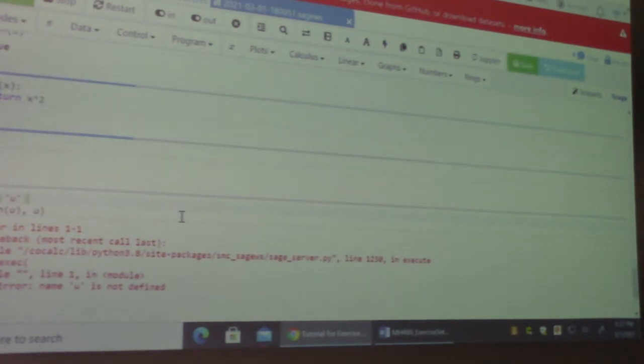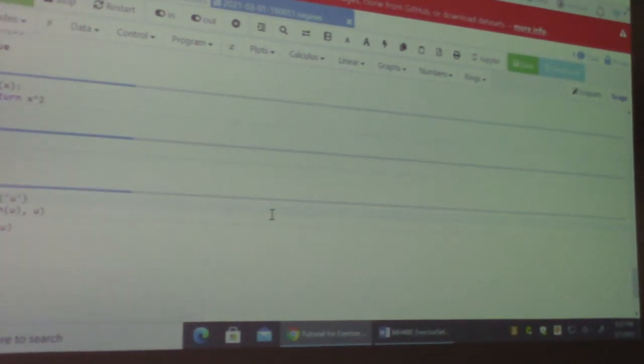So now I'm putting u equals var. What is that key? I think it's the thing under the quotation mark, right? Yeah, it is. And now let's see what happens.